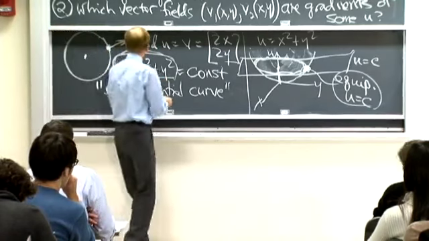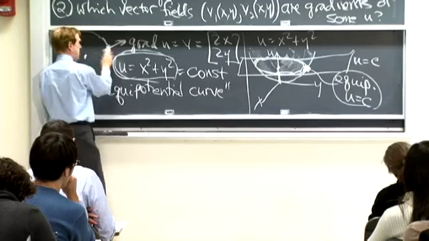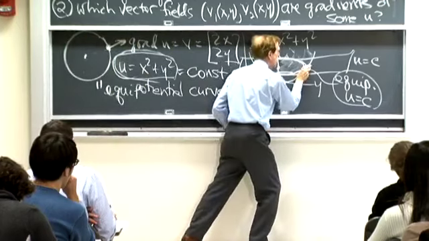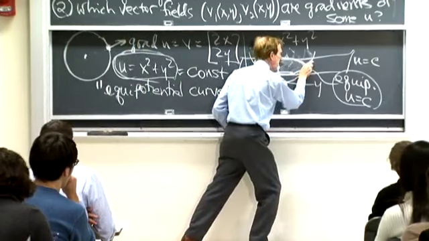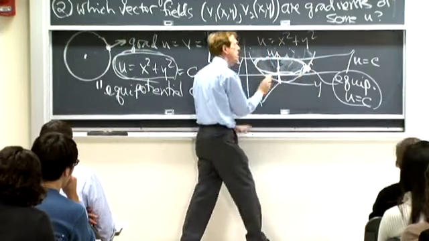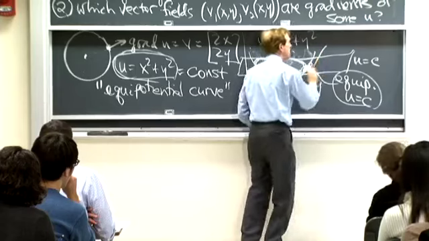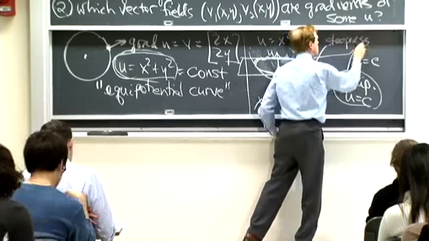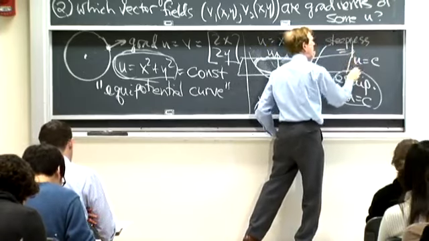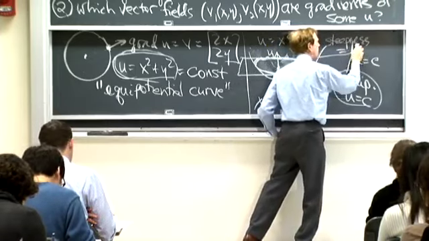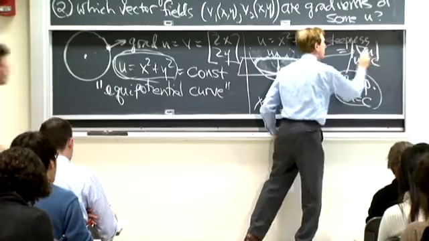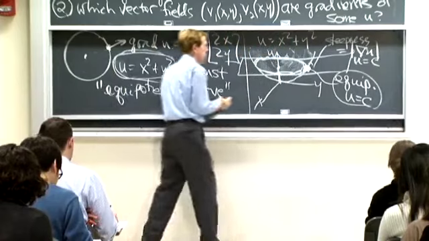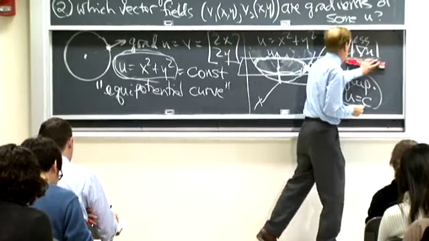Direction is, well, for this special function, you know the direction is like straight upwards, and how steep is it? What's the steepness? It's the magnitude of this vector grad u.